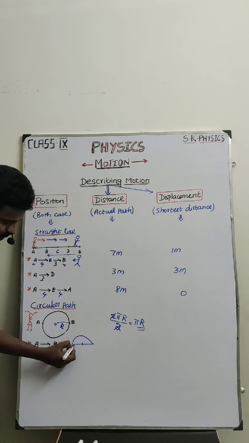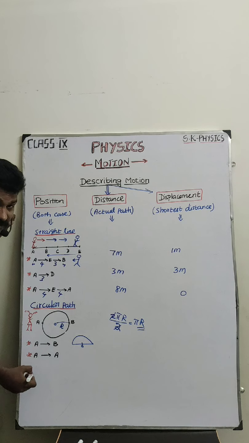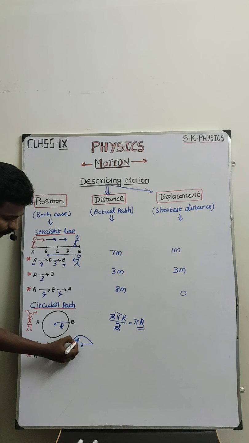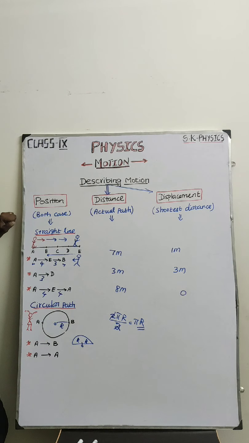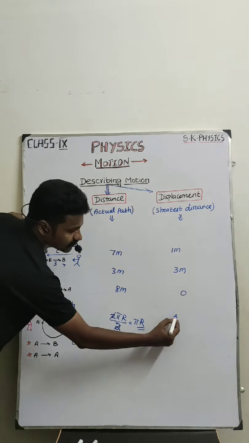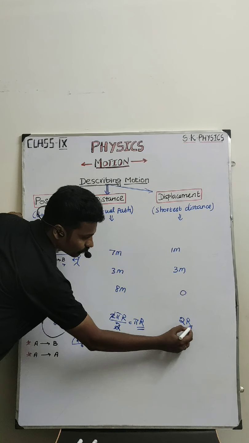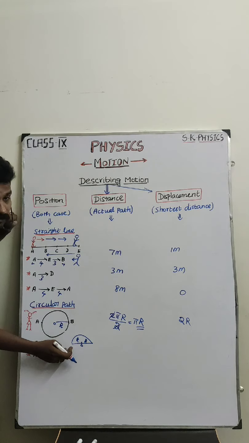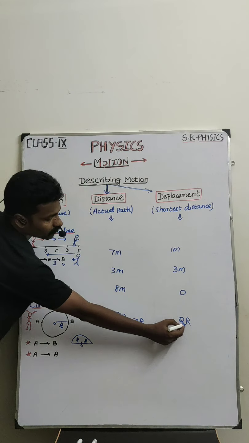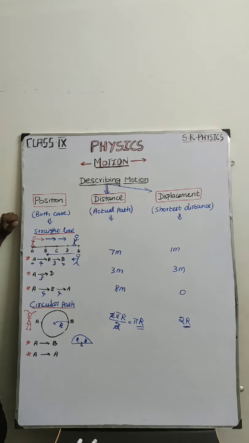This is the center. Here is one r, and here one more r, so that is like a diameter. Since displacement is the shortest distance between the initial and final points, 2r is the displacement.